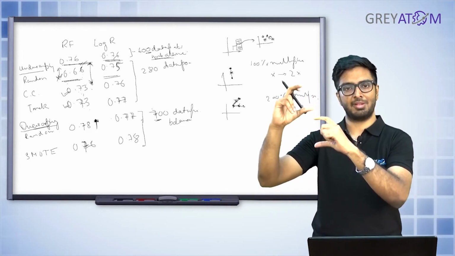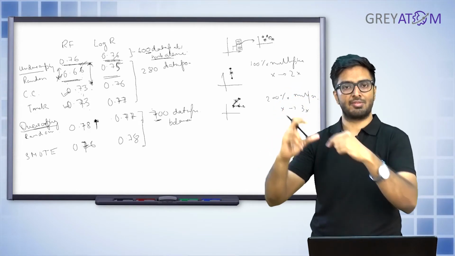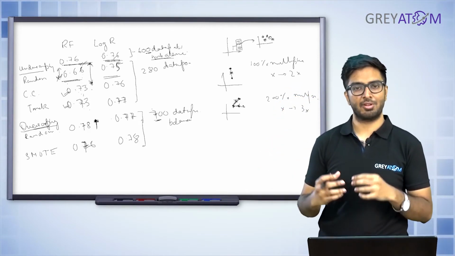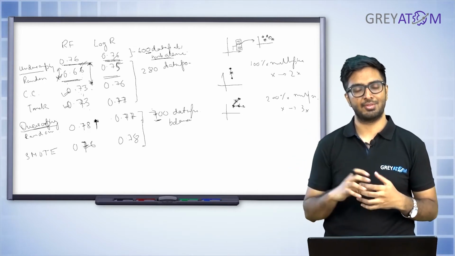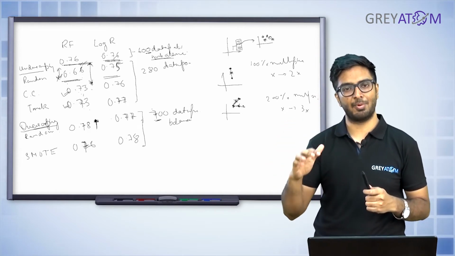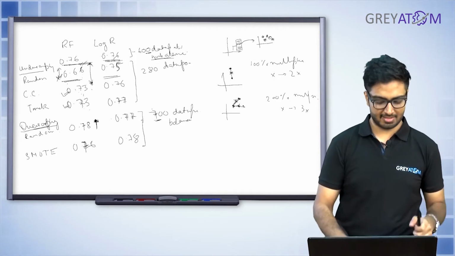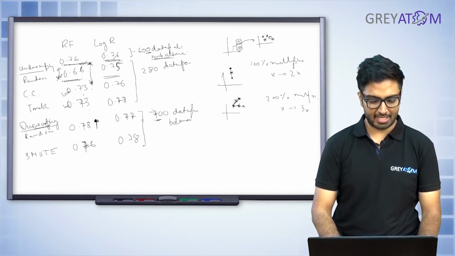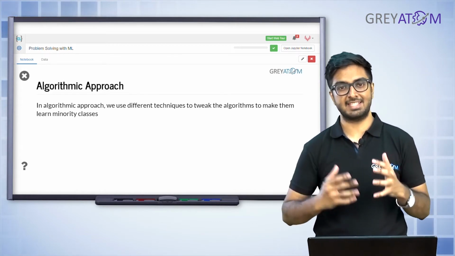In random oversampling, you have your normal minority data set and you repeat those points over and over again. In the case of SMOTE, you're not exactly repeating them, but creating a replica in terms of points which are similar to the minority data points, but not exactly the same. That's the concept of SMOTE. So now that draws us to the end of the change the data approach.